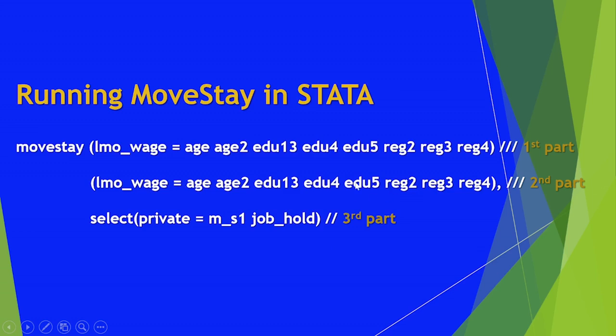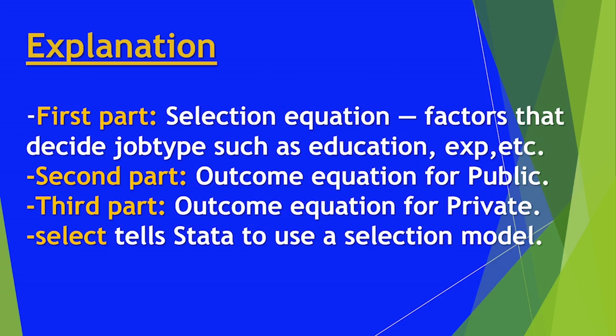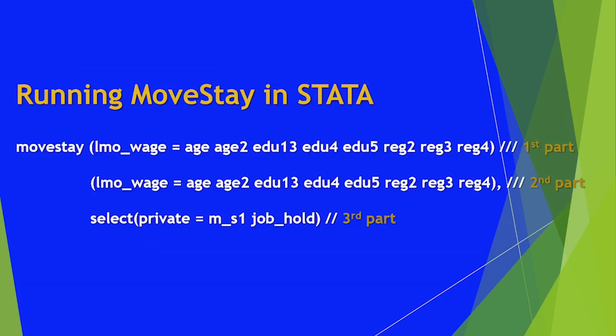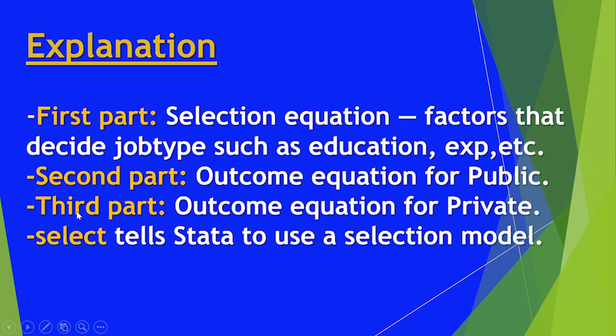So this is the outcome equation for public, and the outcome equation for private employee. And the third and last part is the select, which tells Stata to use a selection model. And this is the part we're using select, and we're going to understand this even better.